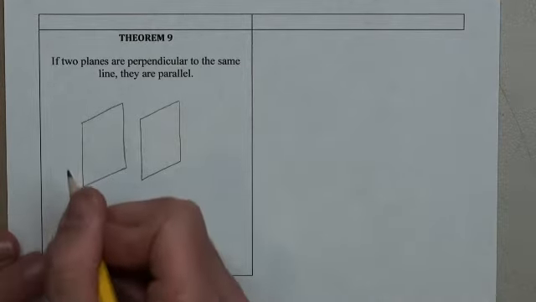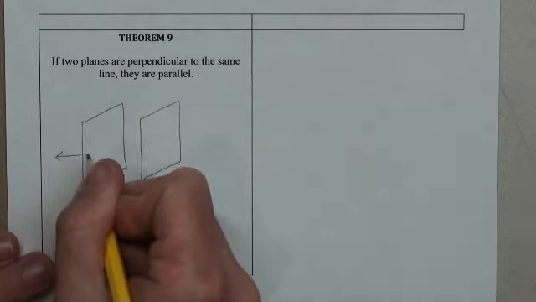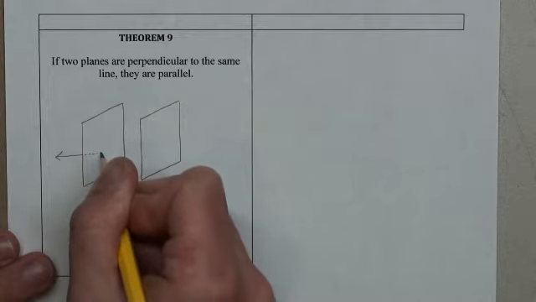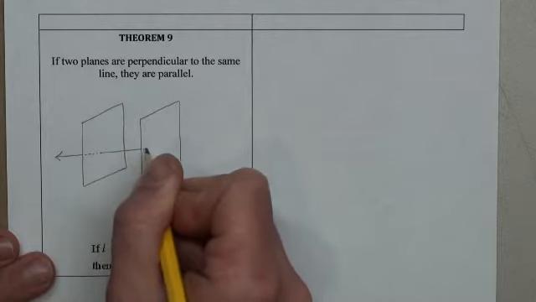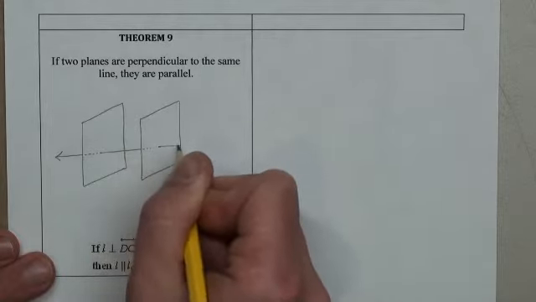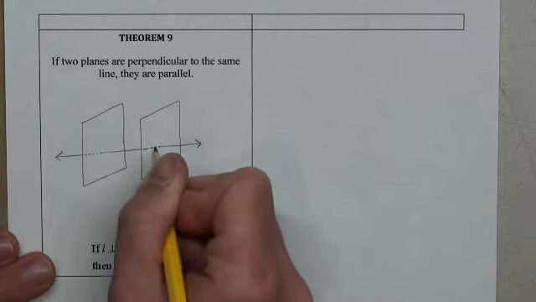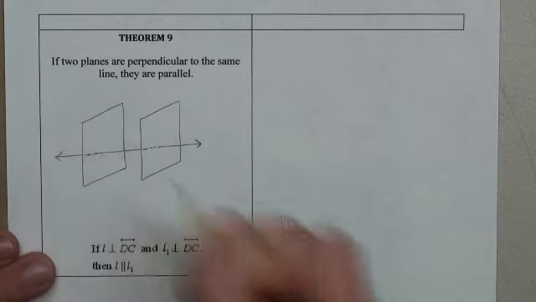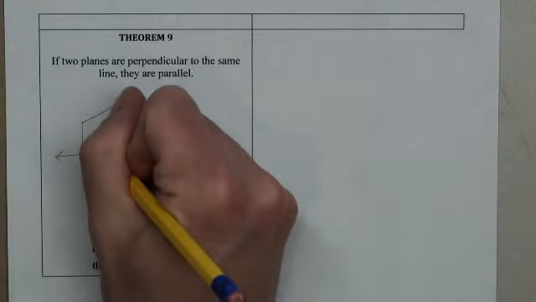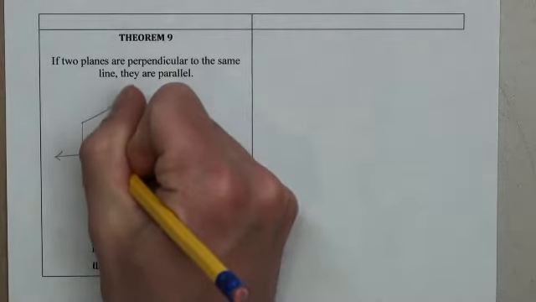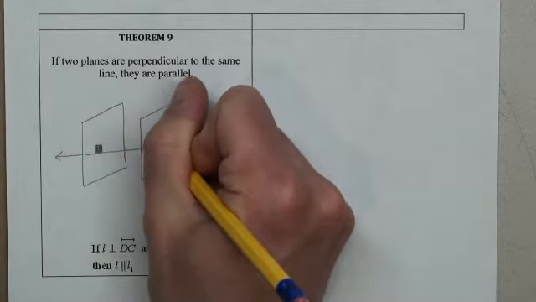Now if we have a line that goes through both planes, like that, and it's perpendicular to both planes at their point of intersection.